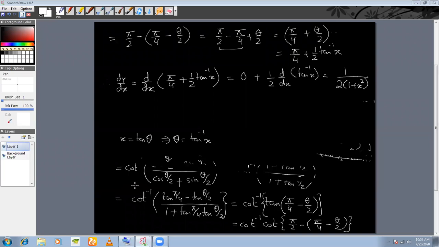Let me see the next one. Let me see the last one. Okay, the last problem of this exercise. Y is equal to sine square cot inverse.